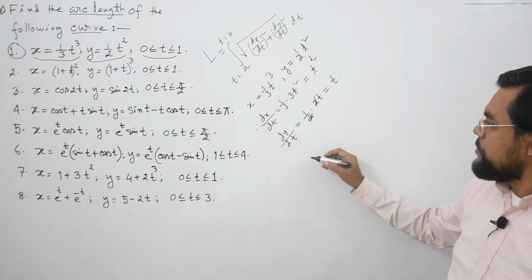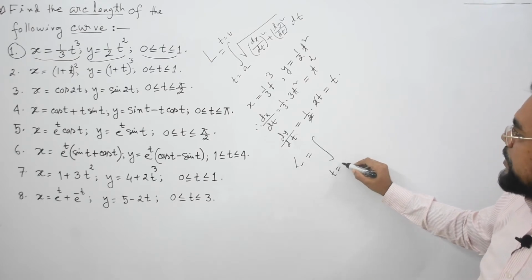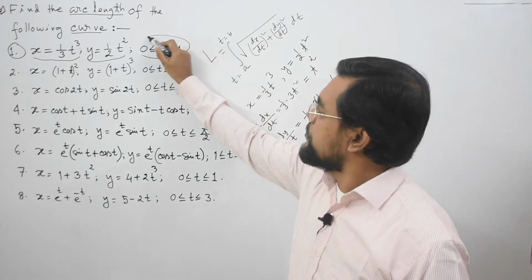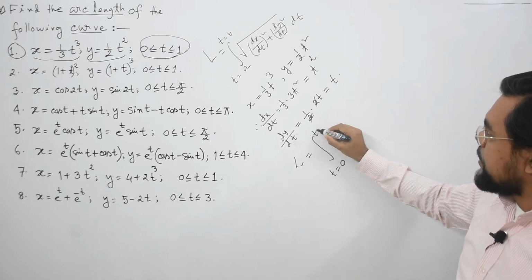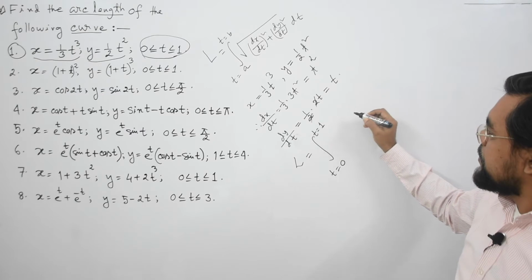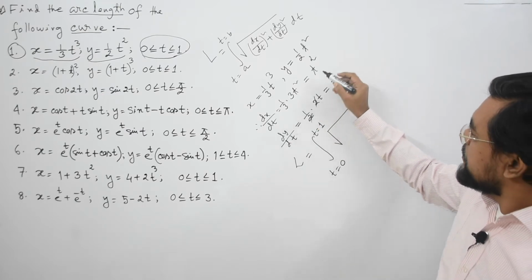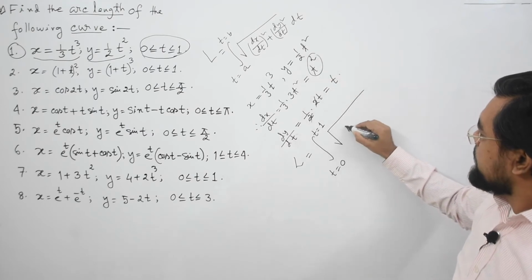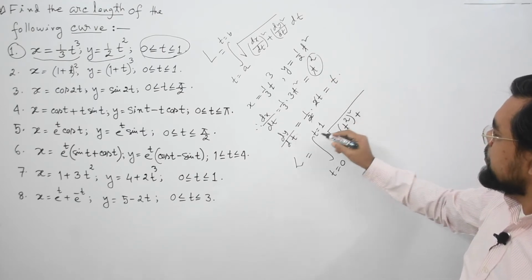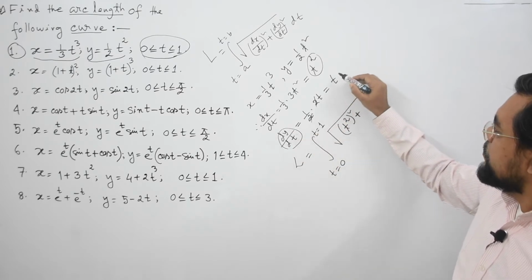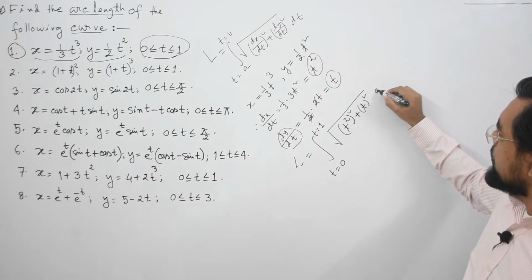So now we can use our formula L equal, and t is given here from 0 to 1, so the lower limit will be 0 and the upper limit will be 1, square root of dx/dt, which is t squared, whole squared, plus dy/dt, which is t, whole squared, dt.